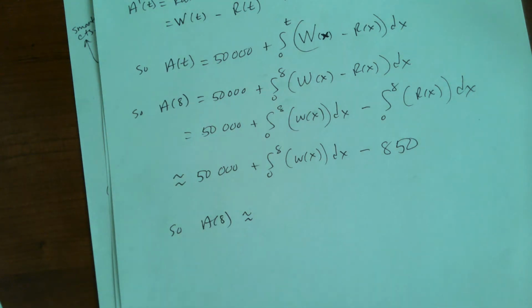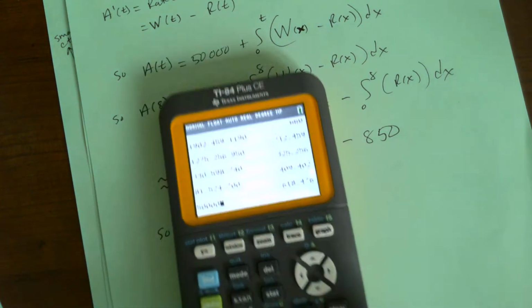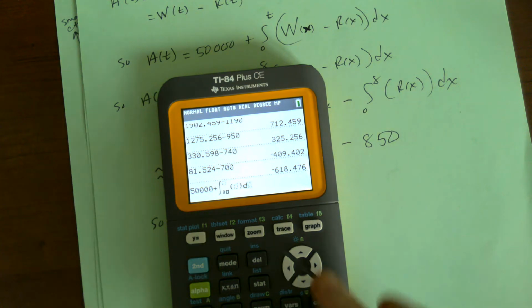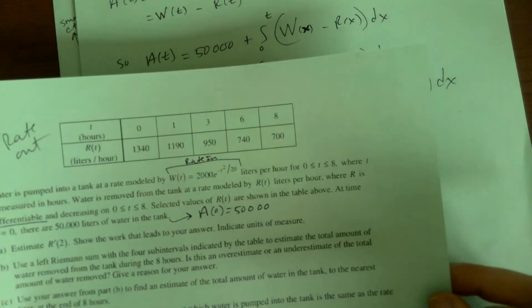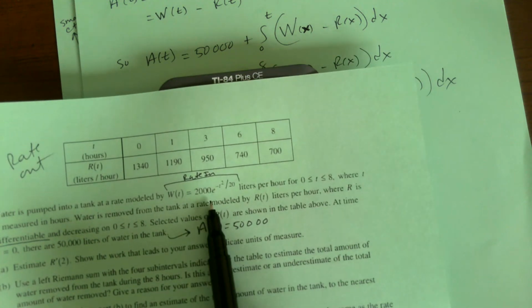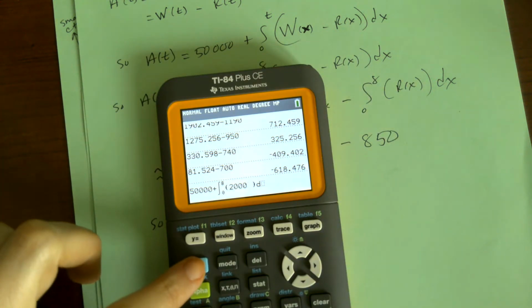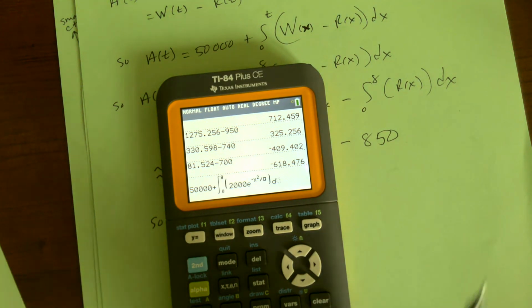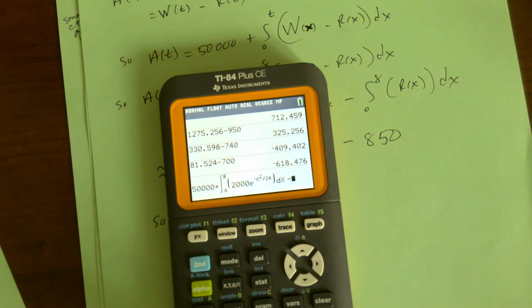So I'm going to do 50,000 plus math 9, 0 to 8, and then W of T is right there, 2,000 divided by 20 dx, and then you've got to subtract.